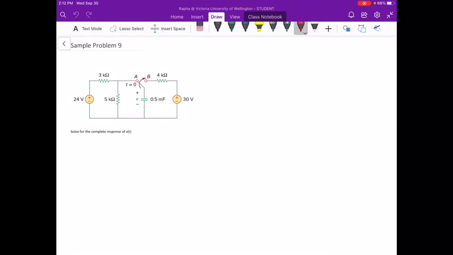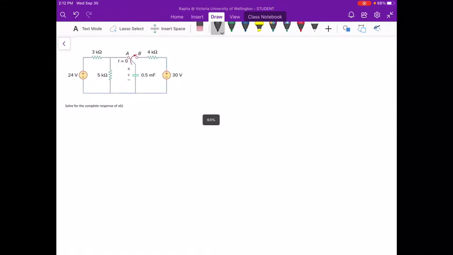The V that we are talking about here is the voltage across the capacitor. There is only one capacitor here, but there are two voltage sources and three resistors. So we can solve this in two parts. The first part is when the switch is at position A, and the second part is when the switch is at position B.